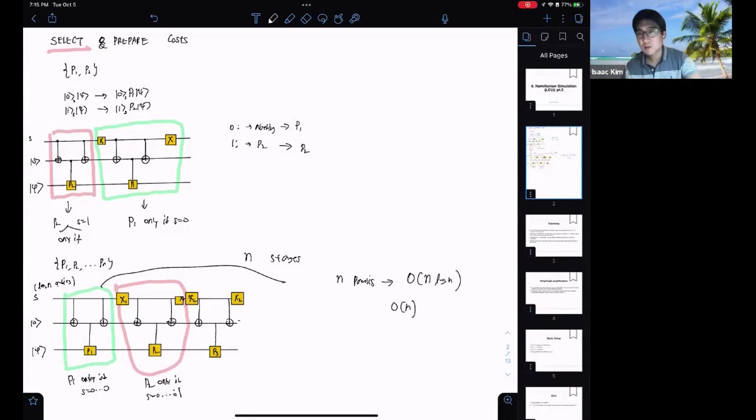So in the context of the Hamiltonian simulation, what this means is that if you have more terms in the Hamiltonian or in the Taylor expansion, as in our case, then it'll be more difficult. The complexity of implementing the select operation will increase.